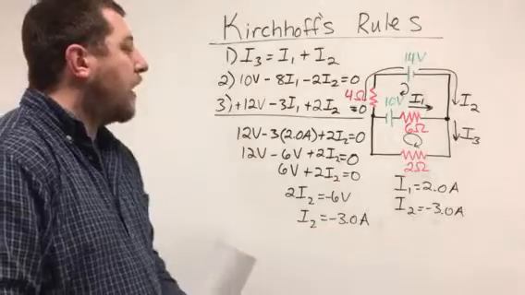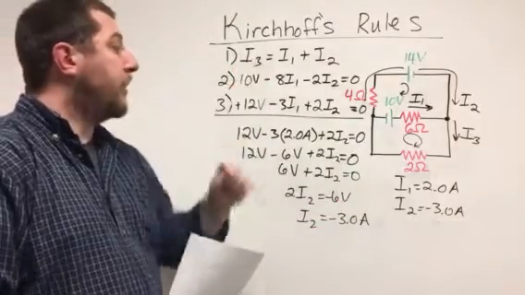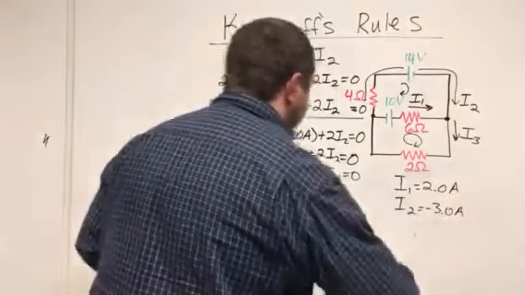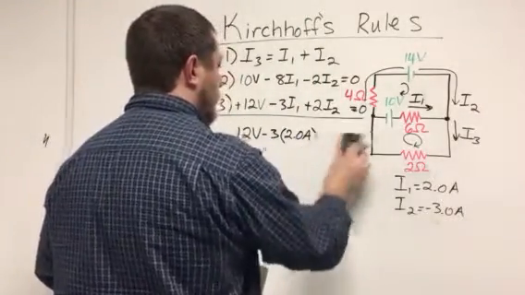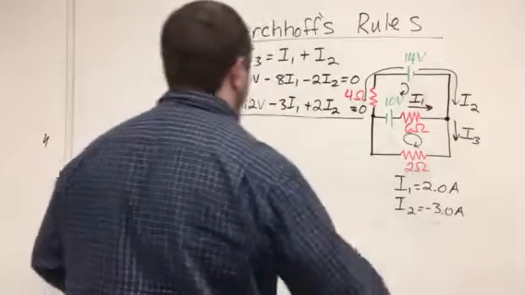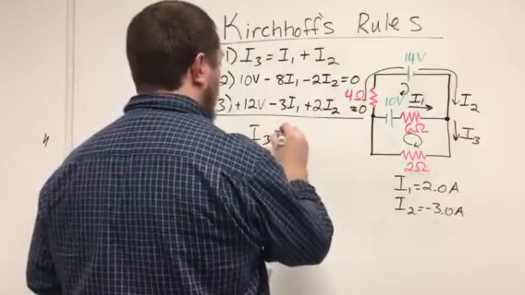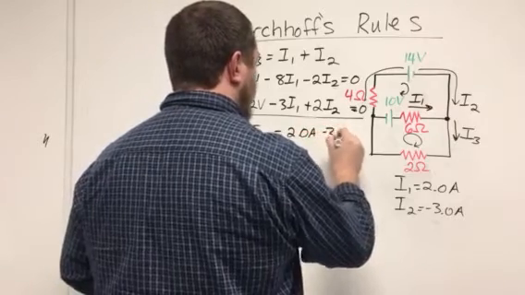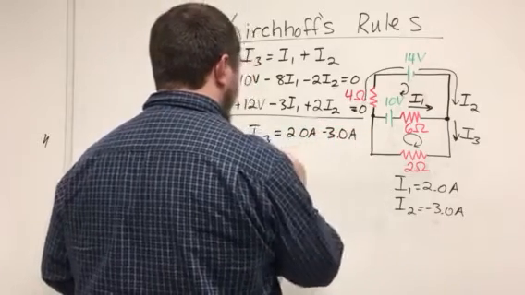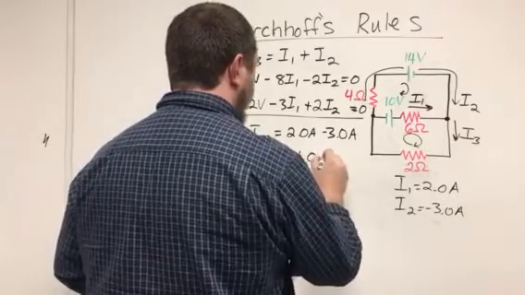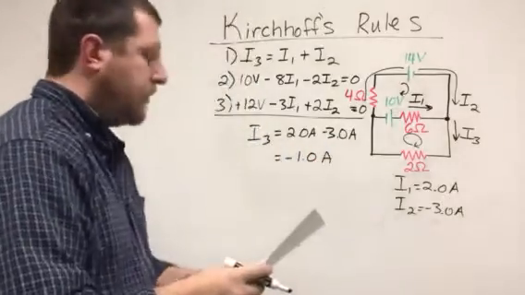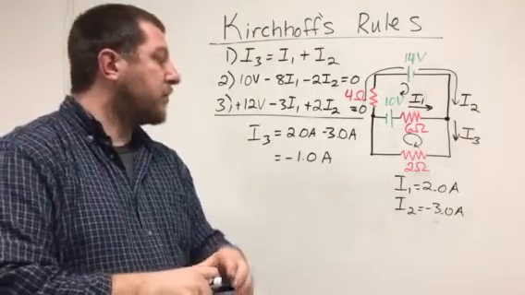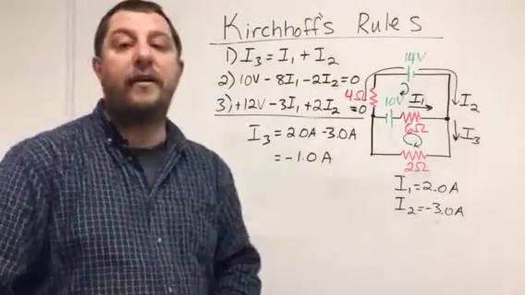And now I can use the top relation to find I3, right? So I3 is going to be equal to 2 amps minus 3 amps, and I3 is going to be negative 1.0 amps, okay? So what this means is that we actually picked the wrong direction for I2 and I3.